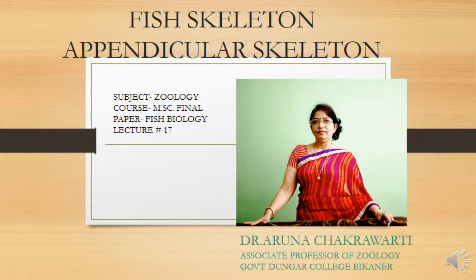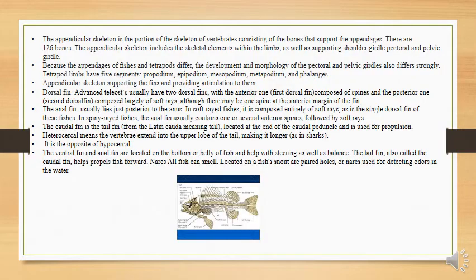Students, today we will discuss appendicular skeleton in fish skeleton. The appendicular skeleton is the portion of the skeleton of vertebrates consisting of the bones that support the appendages. There are 126 bones.